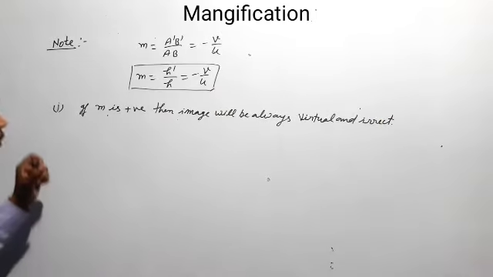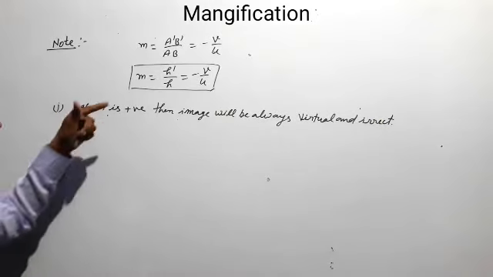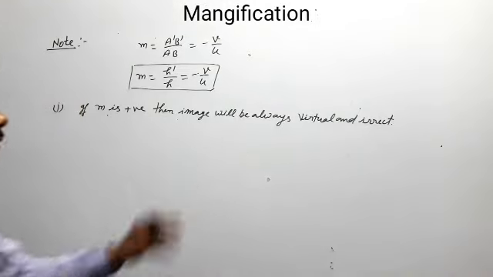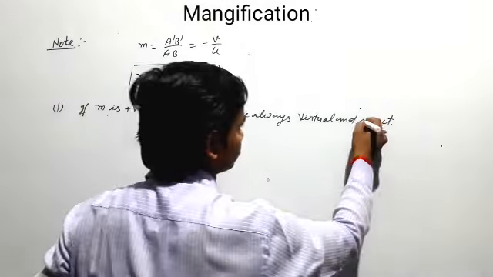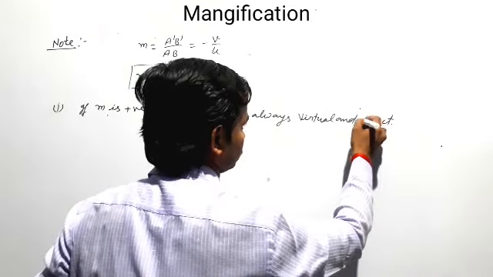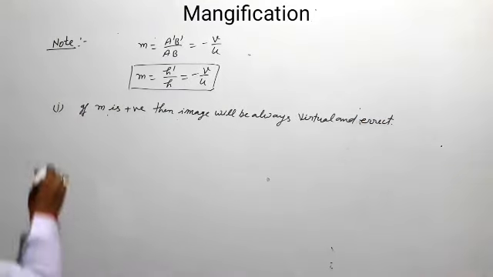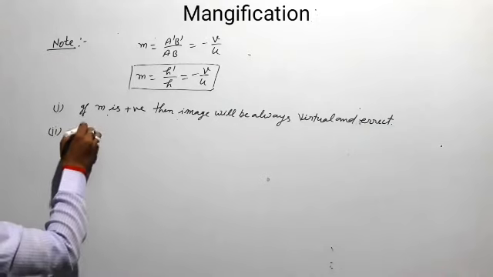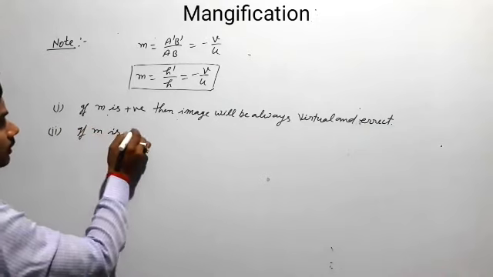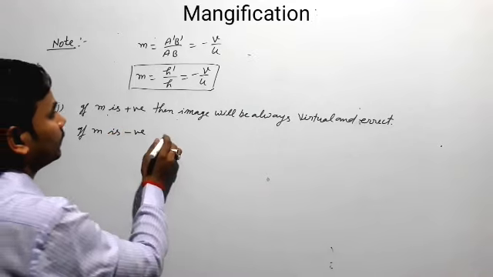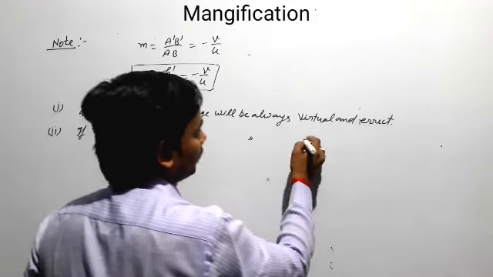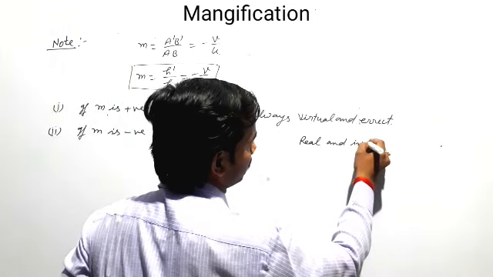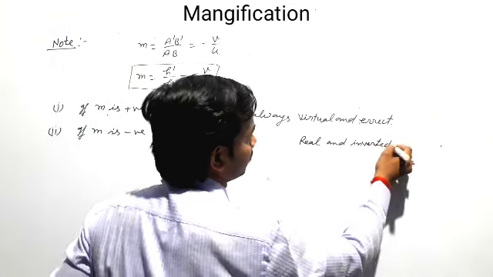Okay, if the value of magnification is positive, then the image will always be virtual and erect. Now for the second condition, if m is negative, then the image will always be real and inverted.